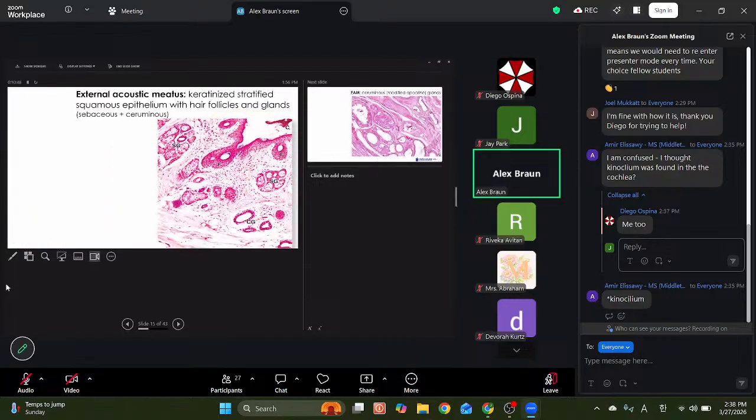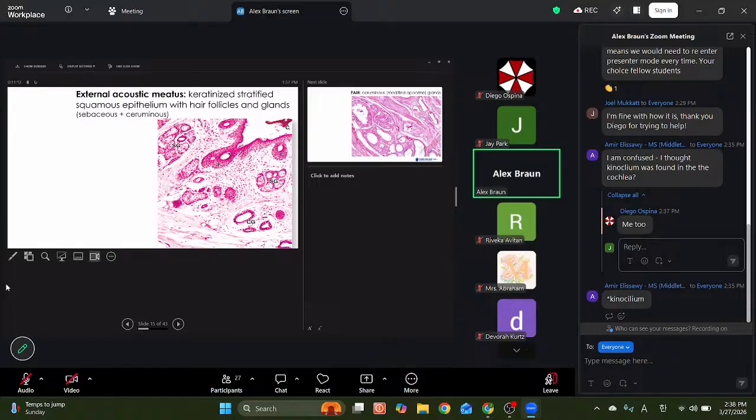The lining of the external acoustic canal or meatus consists of skin with ceruminous glands and sebaceous glands, and those materials make cerumen, which is important for protecting our ear from infection. They have antimicrobial abilities.